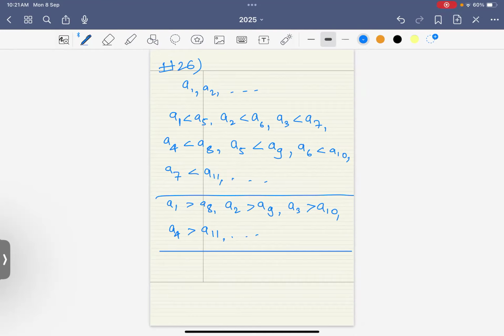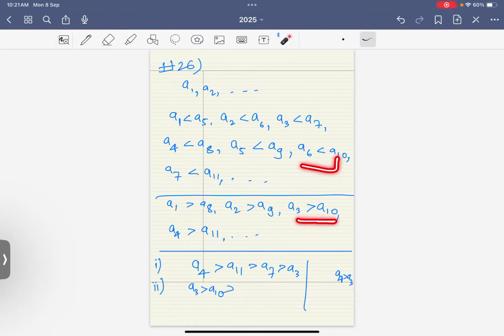First, since you have A4 greater than A11, A11 greater than A7, and A7 greater than A3, we get that A4 is greater than A3. Similarly, A3 is greater than A10, A10 is greater than A6, and A6 is greater than A2, so A3 is greater than A2.